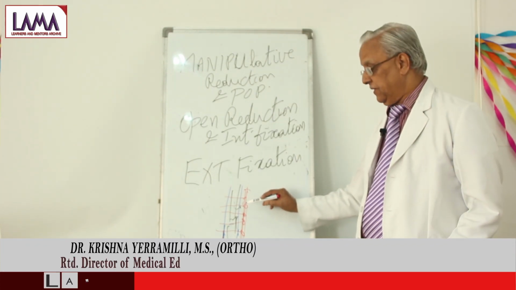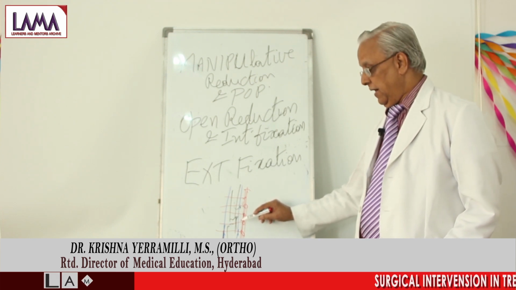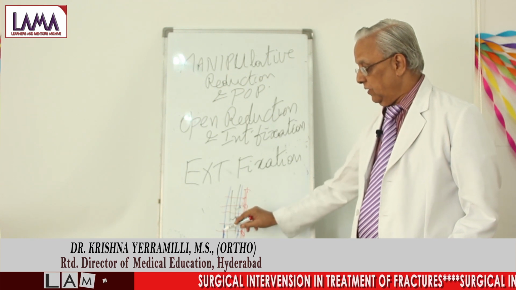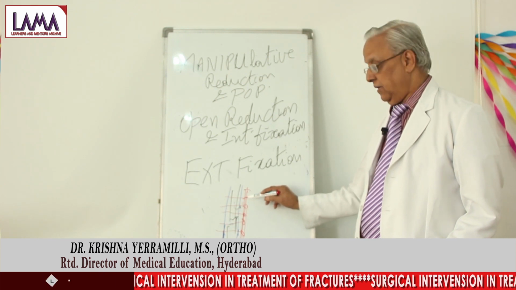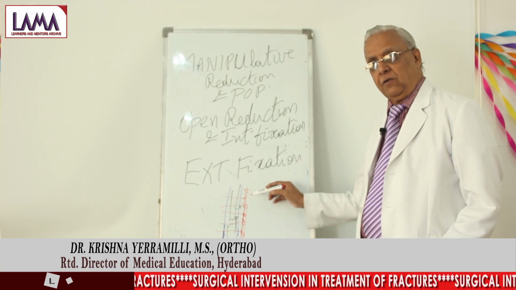Here, as the lines indicate, the black is the bone which is broken, and the blue line is the skin. Through the skin, through the bones, all these things are brought together and then fixed on some kind of a frame or rod, whatever it is.